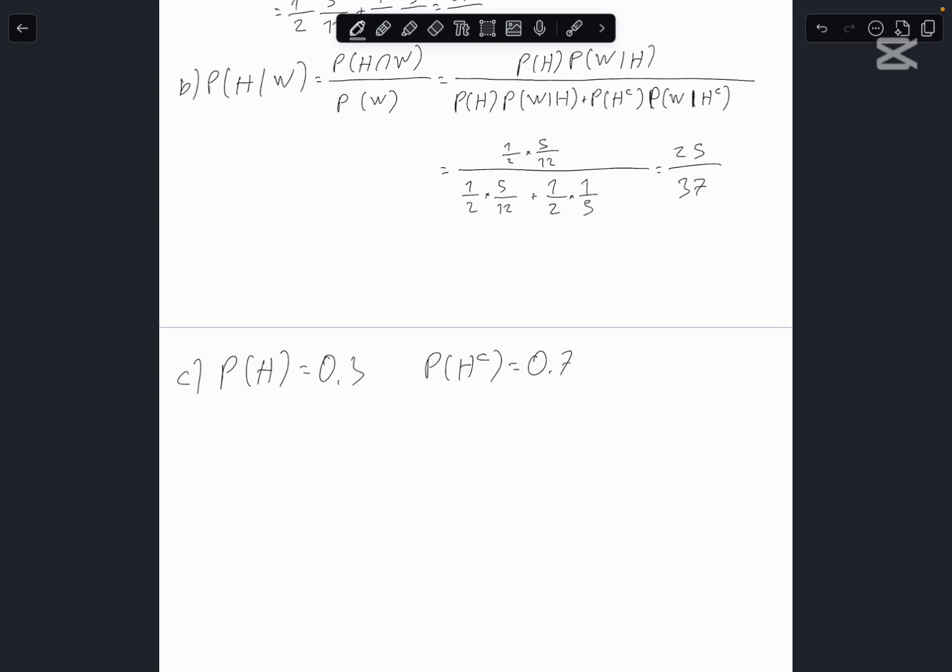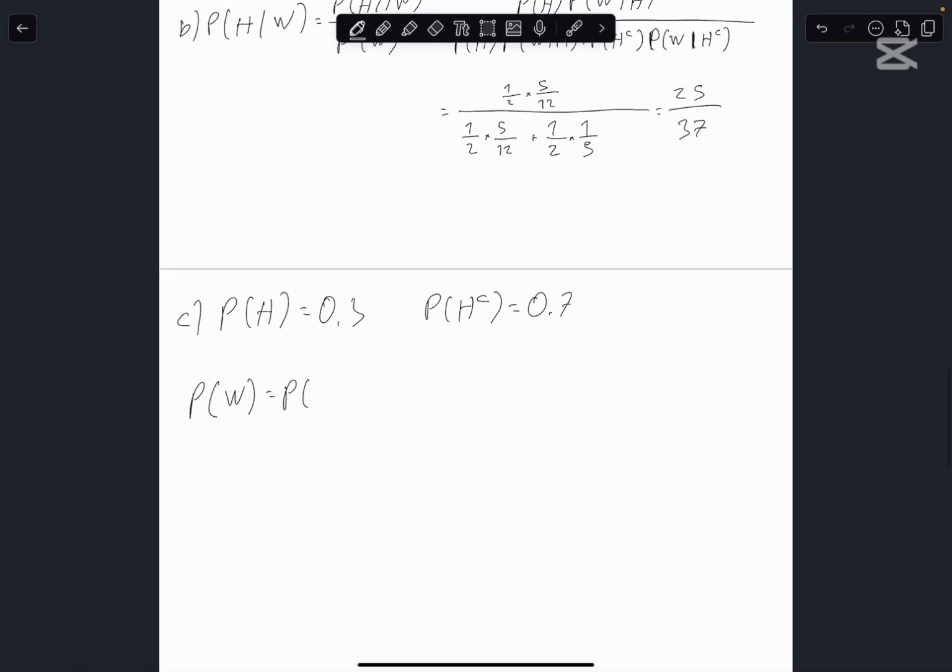Okay, so again we need to calculate the probability of getting a white ball. Let's open it up again. Probability of heads multiplied by probability of white known that heads, plus probability of head complement multiplied by probability of whites known that head complement.